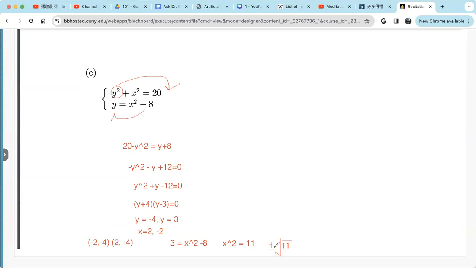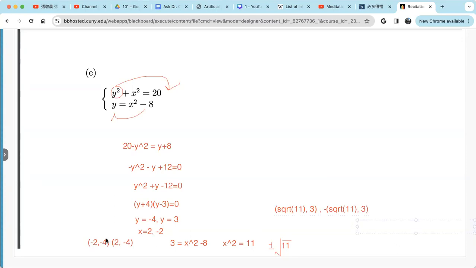So that's for y equals 3, and we can write another 2 points. x equals square root of positive 11, then the y value is 3. And another point is negative square root of 11 and 3, right?